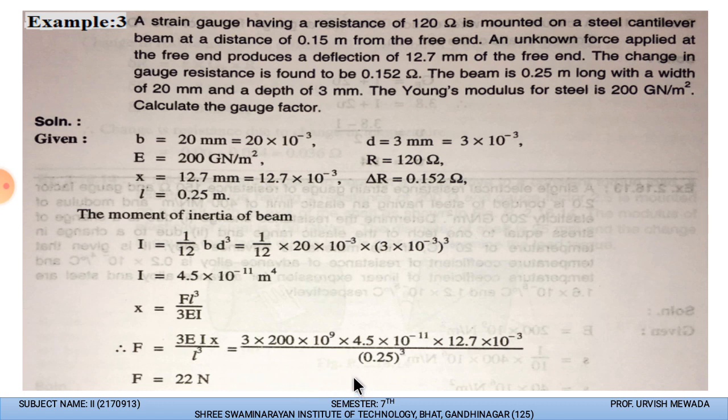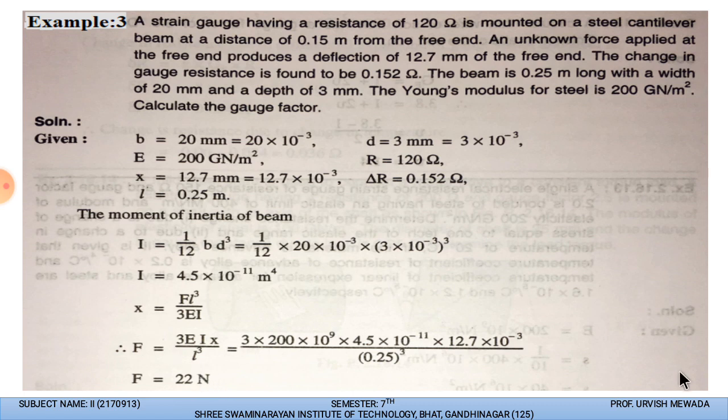And L means length of the pole is 0.25 meter, and we need L cube, so put the value of L over here, so 0.25 cube. So F from this equation, after placing the values, is 22 Newton.